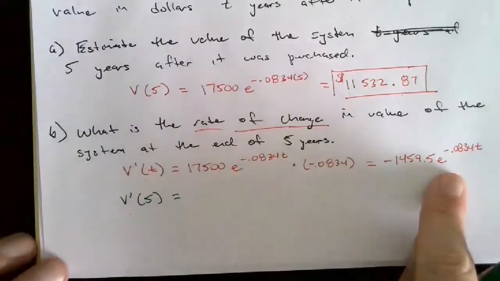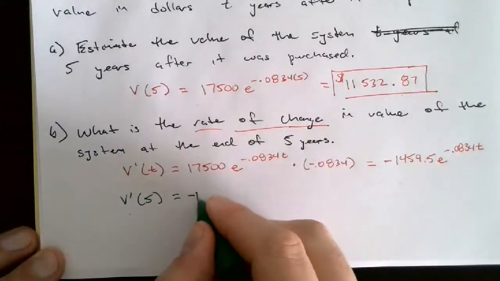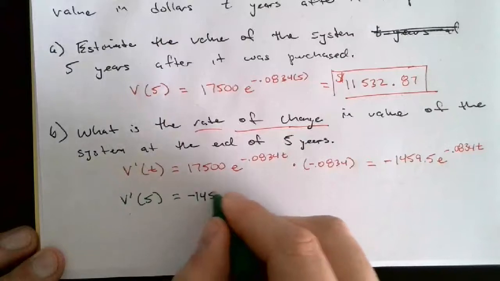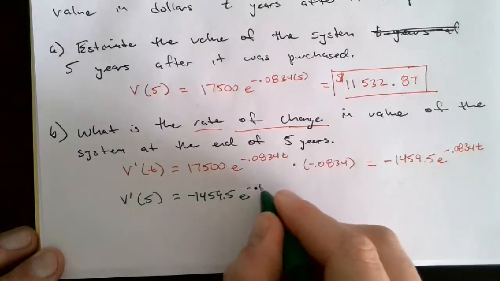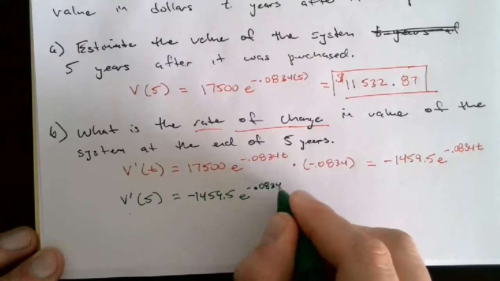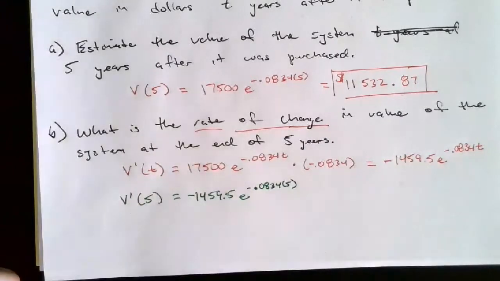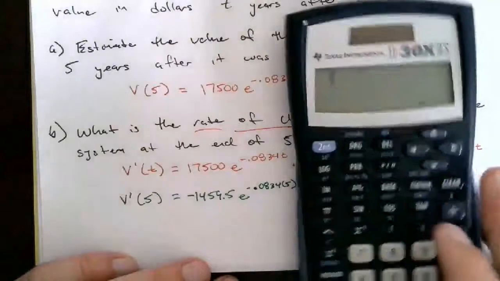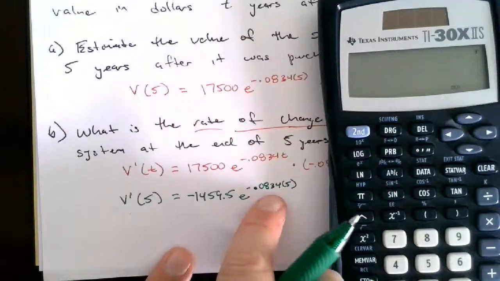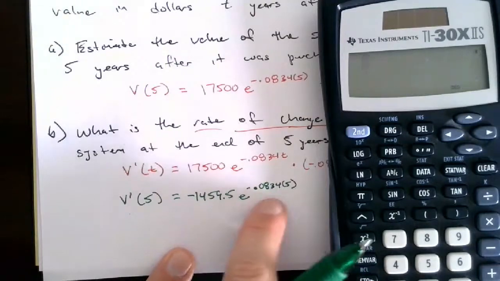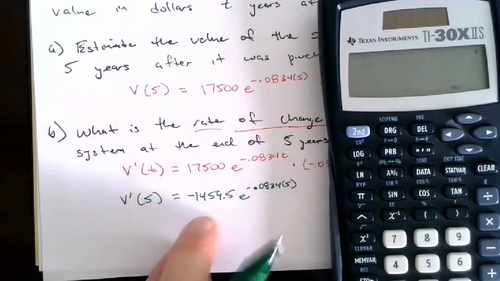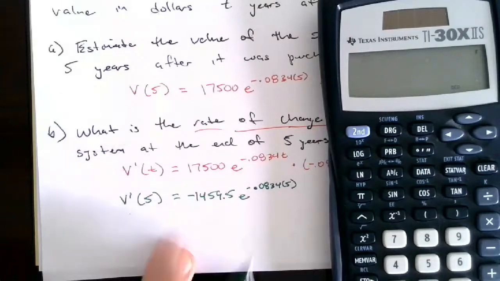Well, then we're subbing 5 into this. So this would be negative 1459.5 e to the negative 0.0834 times 5. And again, we'll substitute this in on the calculator. If your calculator does not show everything on the screen, multiply these exponents together, then hit the E button, then multiply by the coefficient. So start in the exponent and work your way backwards.